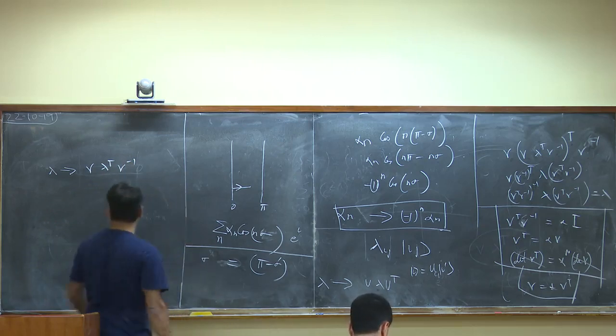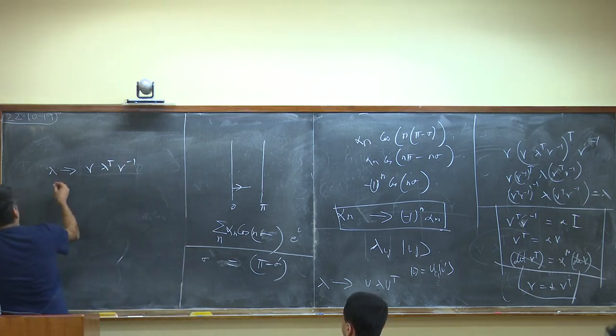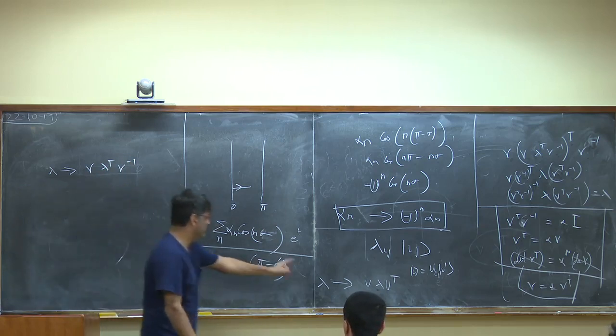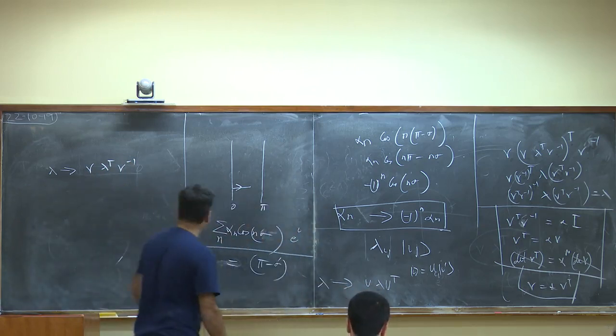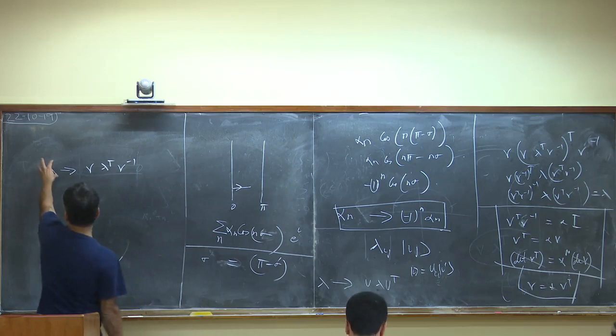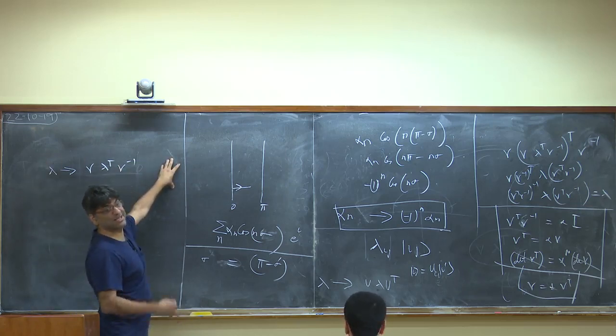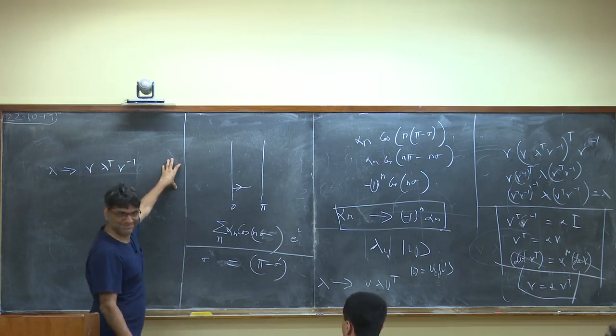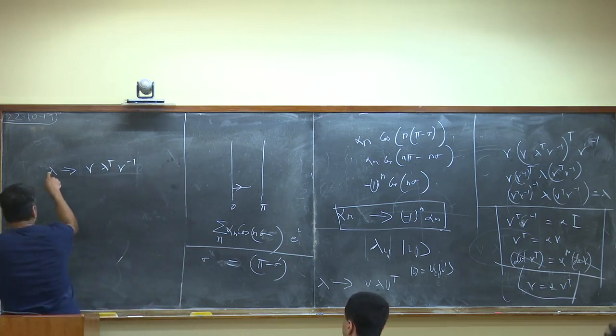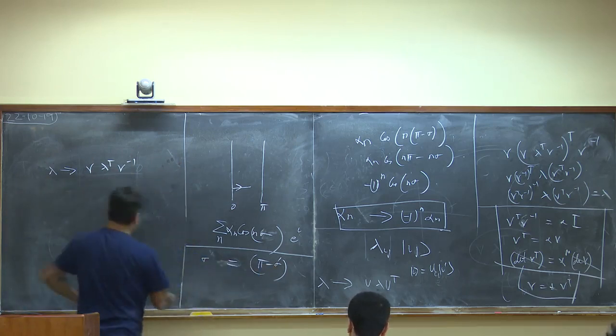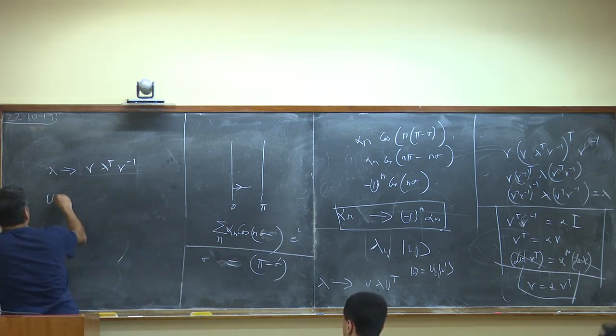That was our rule. Yeah. But lambda itself now has changed by this amount. Okay? So let's say that the original lambda transformed like this. The question we're asking is, how does the new lambda transform? Okay? So I'll write original lambda in terms of new lambda. So u lambda u transpose.